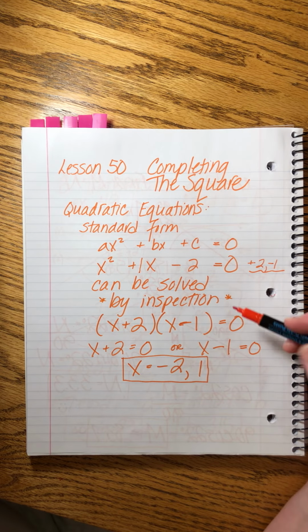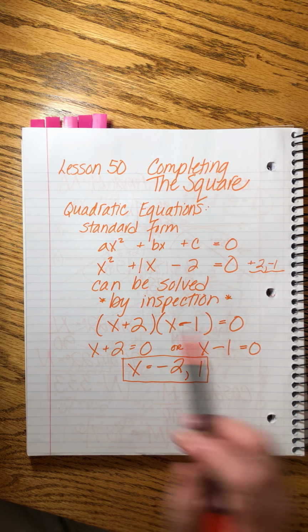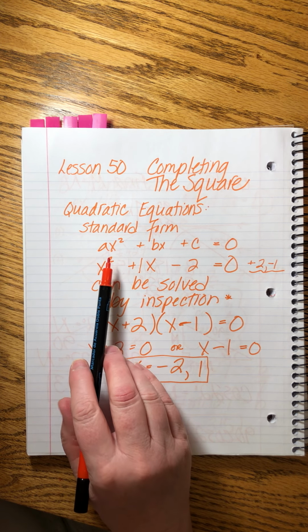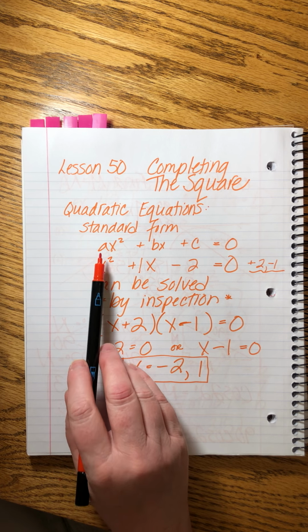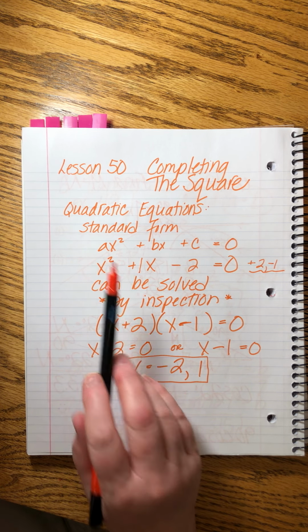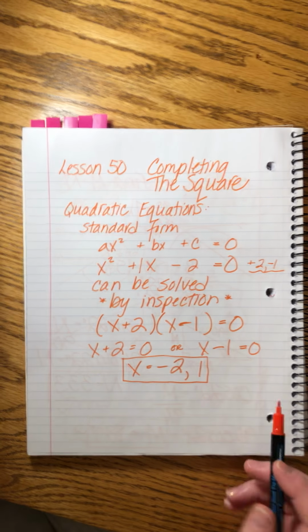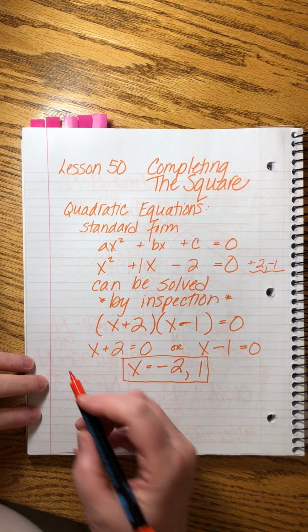Now, this method works out really well if the numbers fall into place and we don't have a numeric coefficient in the a place, right? The x squared has to be just there. We've done that all along. So solving by inspection works to a point.